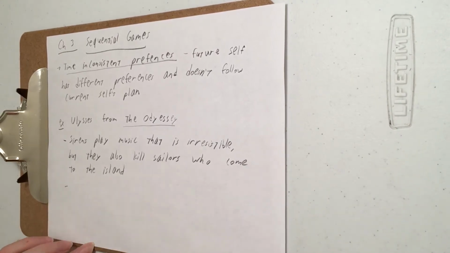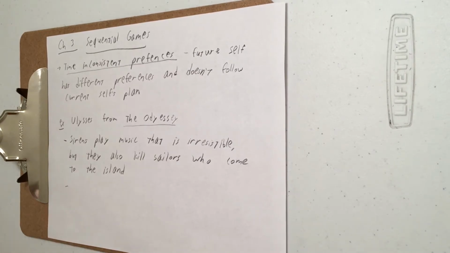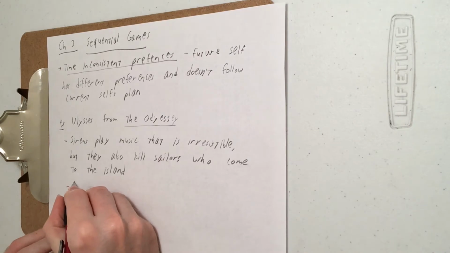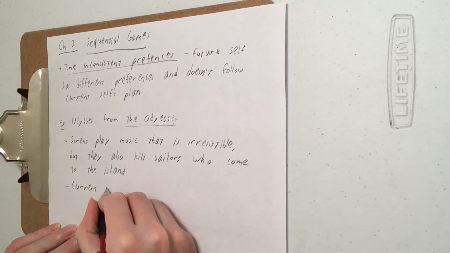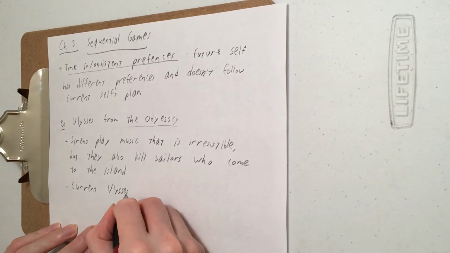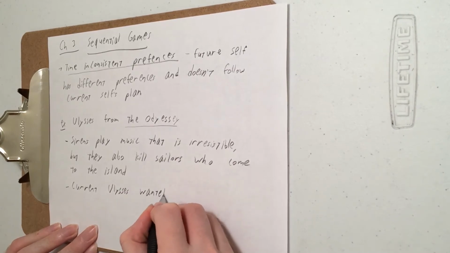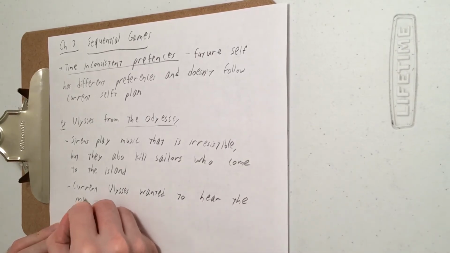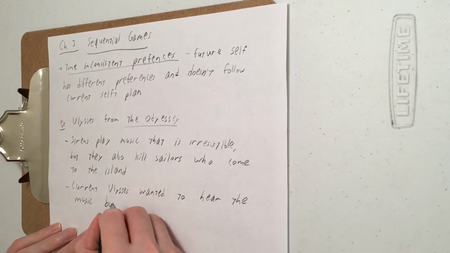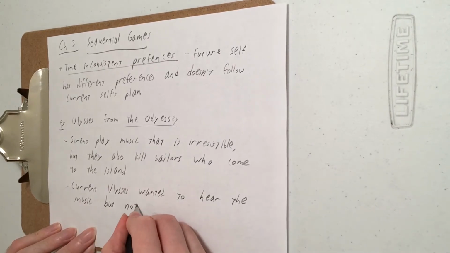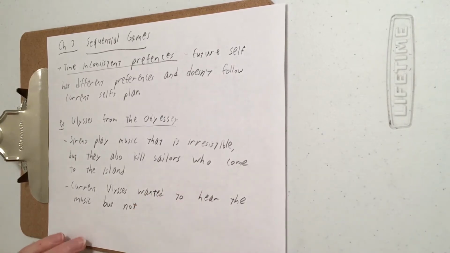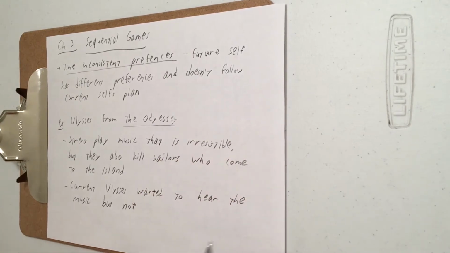So Ulysses' current self wanted to hear the music but then keep on sailing. But he knew that future self would not obey that plan. The music could be heard from far away, so you could hear it while you're passing by. You don't have to go to the island, but you'll find the temptation too strong if you do hear it.